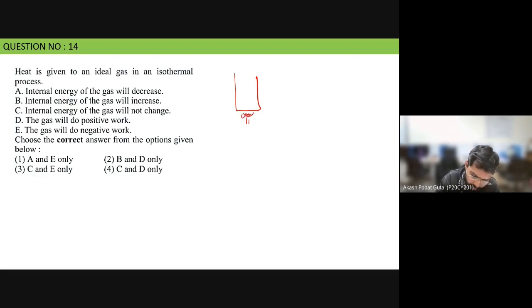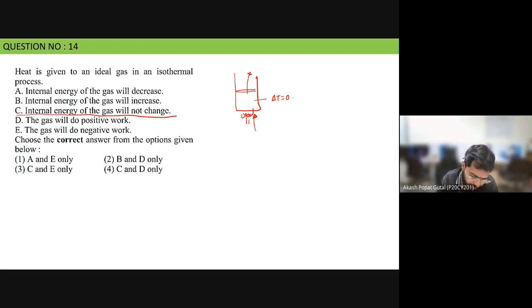So what happens to the internal energy? Internal energy remains the same, because whatever heat you give, that will convert into work, and the system will keep the temperature constant. Fine. So your energy should not change.